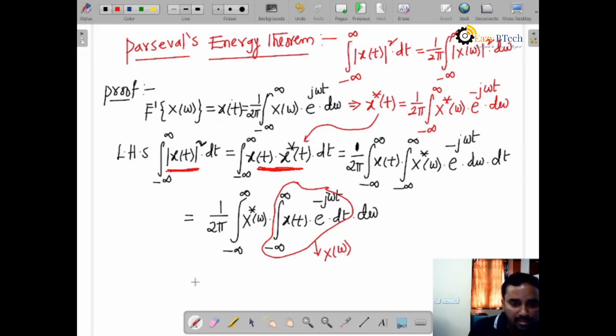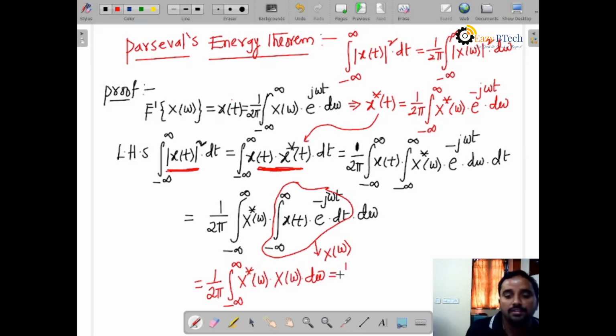Now come to the next step. 1 by 2 pi, the integral from minus infinity to plus infinity of x star omega into X of omega d omega, right or not? So x star into x is the magnitude of X whole square. So 1 by 2 pi, the integral from minus infinity to plus infinity of the magnitude of X of omega whole square d omega.